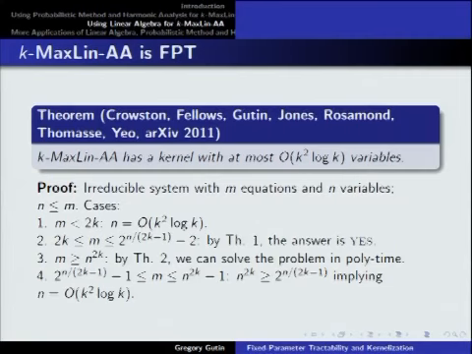Good. So what's left is the case where m is between this exponential function and 2 to the power of 2k minus 1. Well, in this case, a simple manipulation shows that n is basically O of k squared log k. So that's it, basically.